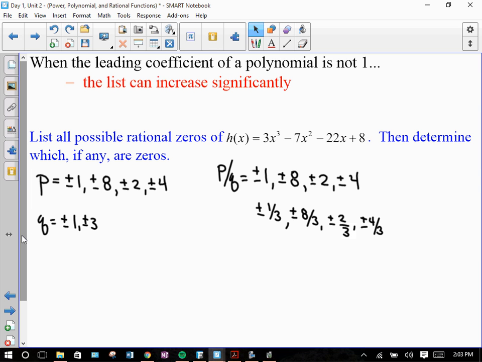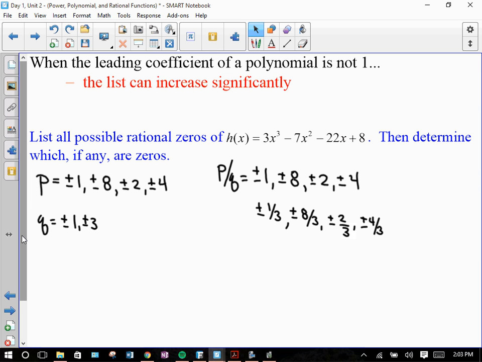So, look at this. You guys choose a number that's not a fraction. Here's my first thing.